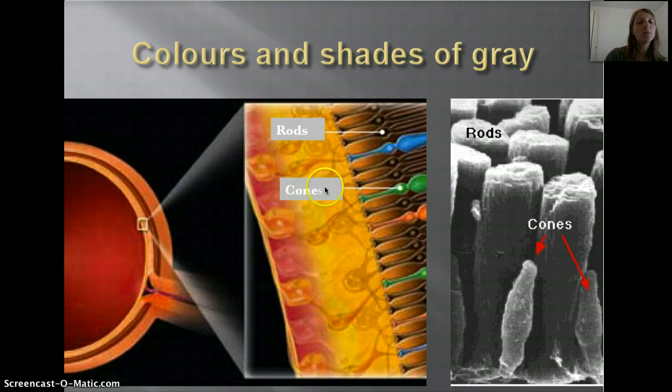The cone-shaped cells allow us to see colors. There are three types of cones, namely ones that detect blue, ones that detect green, and ones that detect yellow. Here we see a microscopic image of rods and cones.